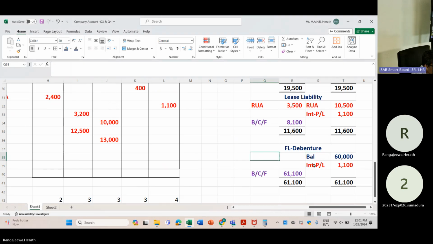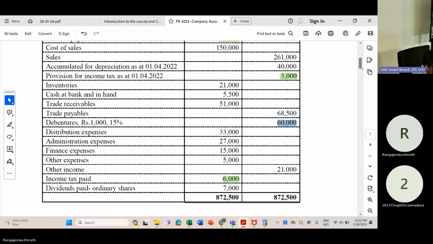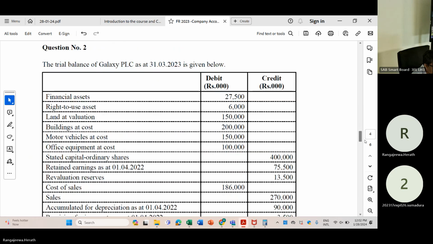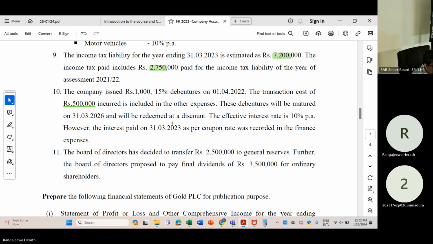Transaction cost එක incur කරපු transaction cost එක දැනට වැරදියට the expenses වල දාලා තියෙනවා transaction cost 500. Erroneously included in other expenses. Transaction cost incurred 500 including other expenses.